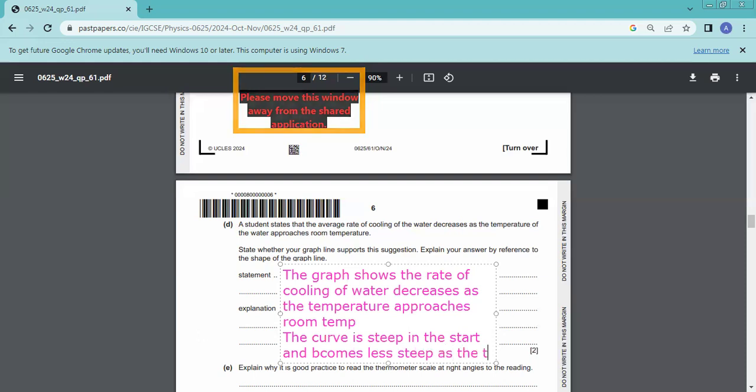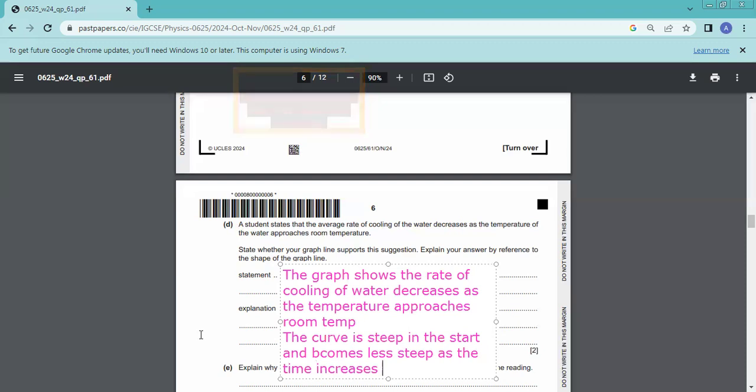This shows that the rate of cooling is higher.